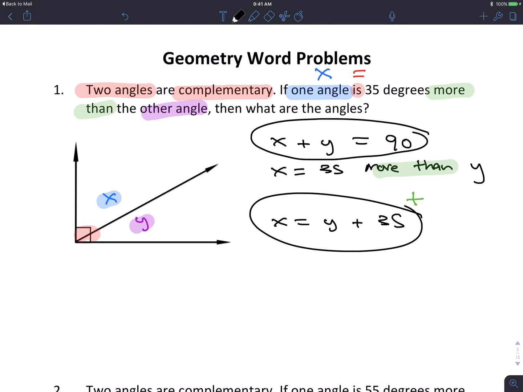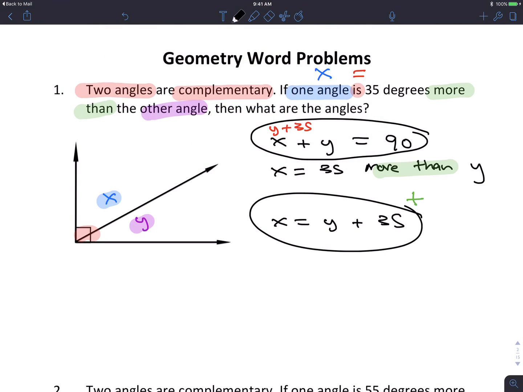Now you would use a method of solution. I would say probably use the substitution method, because for the second equation we already have x equals. So I'm going to substitute x, which equals y plus 35, into the first equation. So I'm going to let my x here be y plus 35 in that first equation.